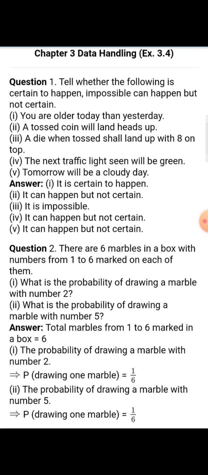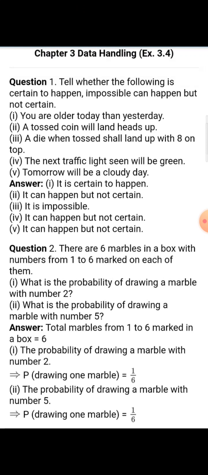It is certain to happen because every next day we keep getting older. So it is certain to happen. Second is, a tossed coin will land heads up. If you toss a coin, heads may come. It can happen but not certain. It may happen but not every time.